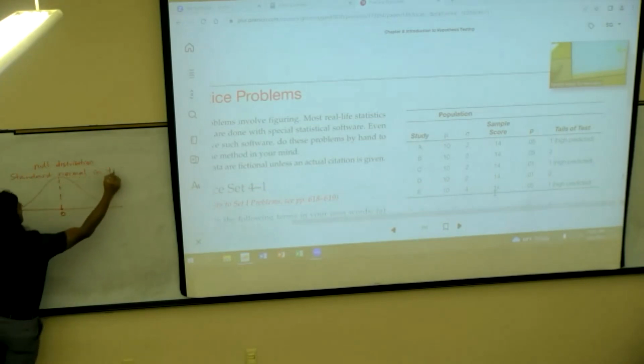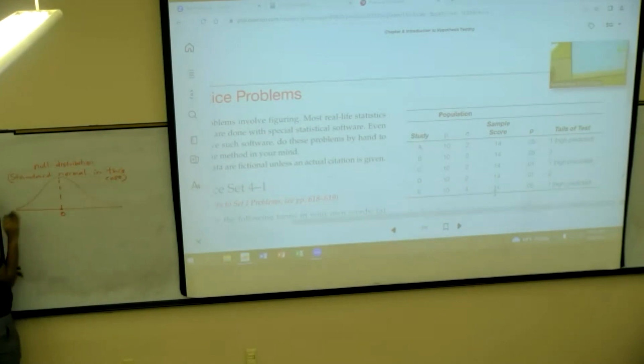In this case, I have to stress that part because we are talking about a specific case. Standard normal is denoted by the letter Z, uppercase, which is why we call it Z score cutoff, Z value for sample score, and so forth. For this distribution, the standard deviation is 1.